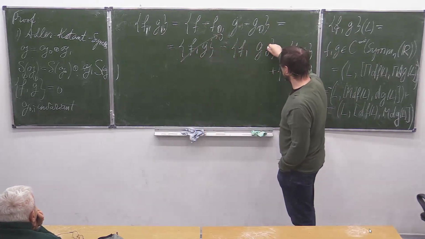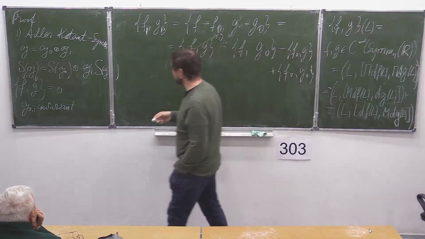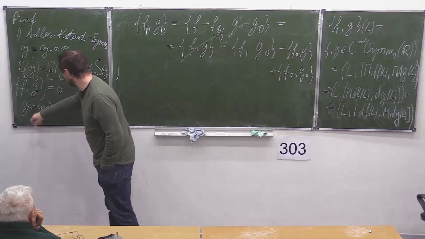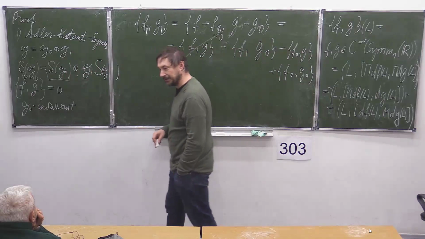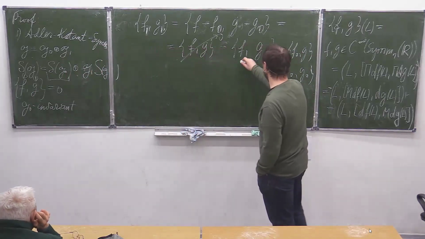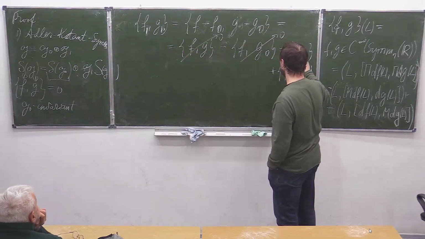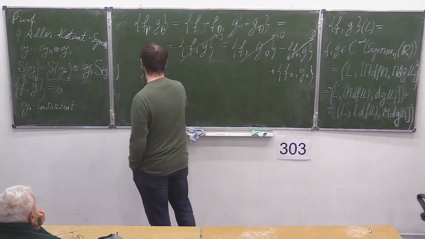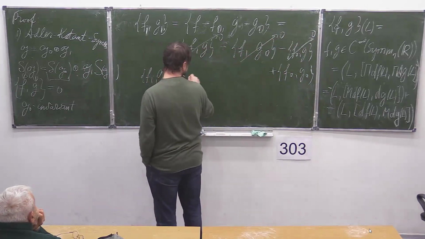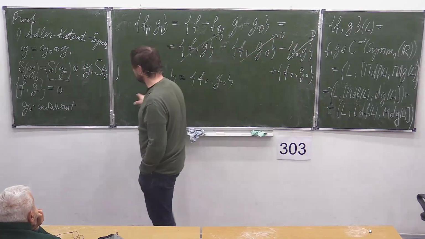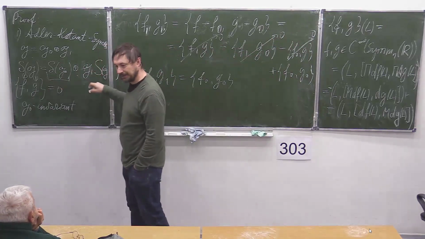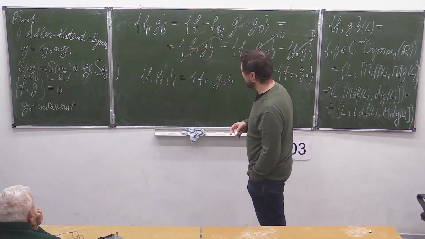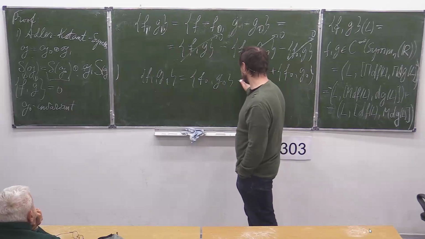This element actually belongs to SG0, and we assume that F was G0 invariant, and therefore this commutator is equal to 0. Same here, right? So we have that the bracket of F1 and G1 is equal to the bracket of F0 and G0, but they belong to the complementary direct summands. So they must both be 0.